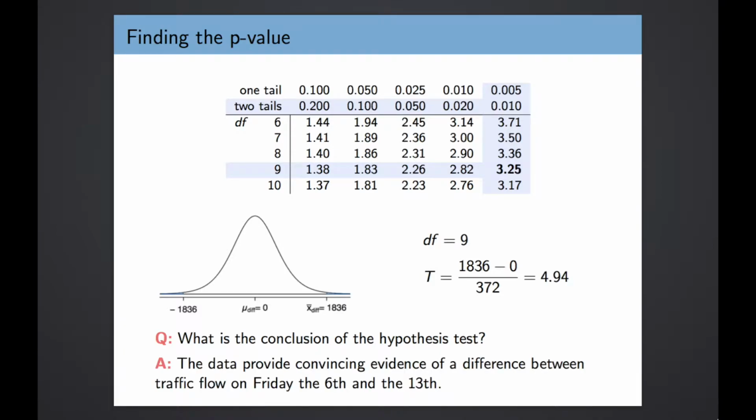Well, remember that really small p-values give us evidence to reject the null hypothesis. So the data give us convincing evidence that there is a statistically significant difference in traffic flows on Friday the 6th and Friday the 13th. So even with very little data, we can be pretty confident in this finding that the traffic flows are different. And in particular, we found a positive point estimate, which means that traffic flows are heavier on Friday the 6th compared to Friday the 13th.